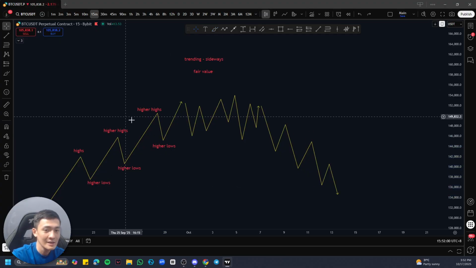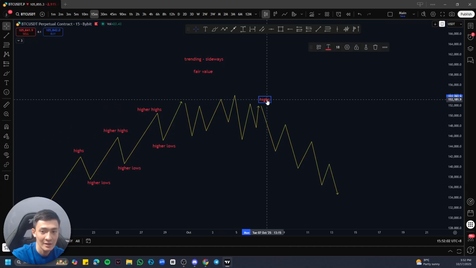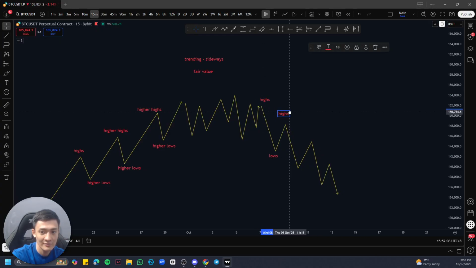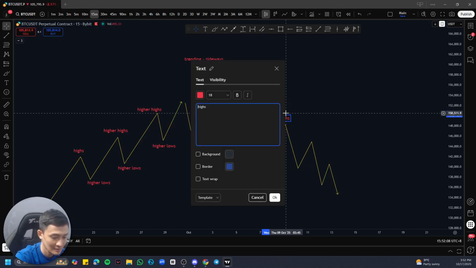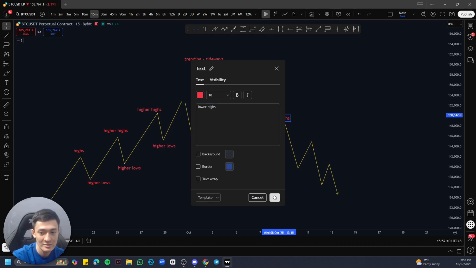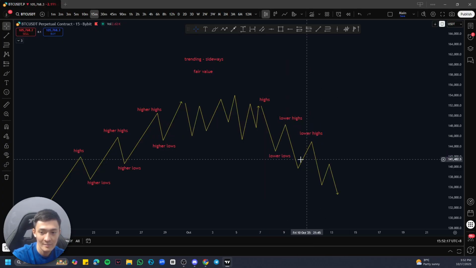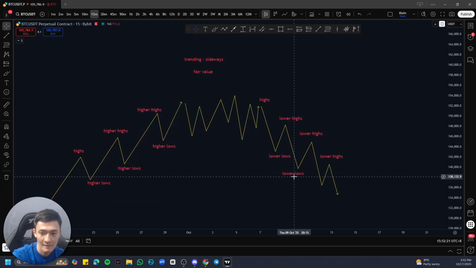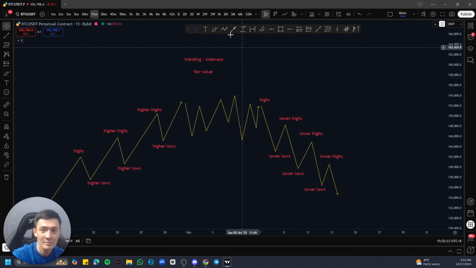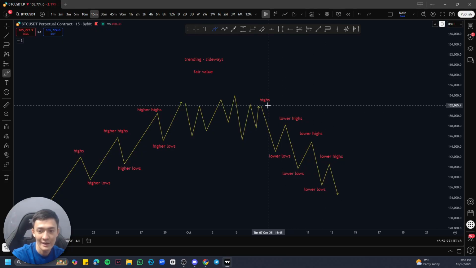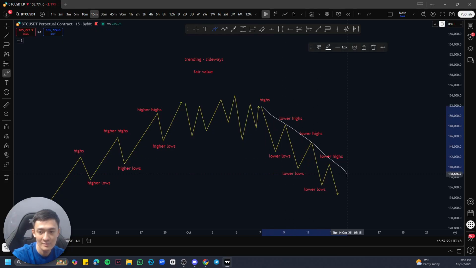In a downtrend, you have your highs and you have your lows, and then you have your lower highs, and you have your lower lows. So in a downtrend, your lows always get broken, and the highs hold.